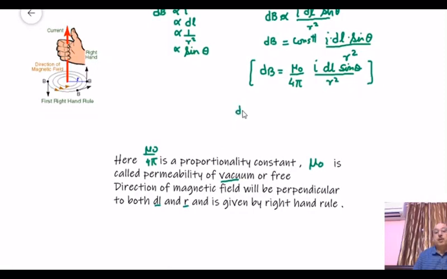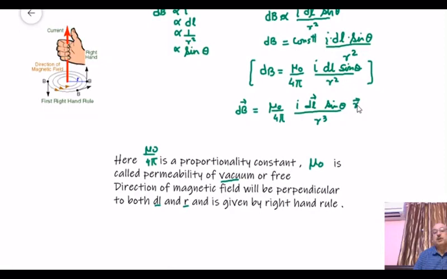In vector form, we may write dB is equal to mu naught by 4 pi, I dl sine theta r vector, as dl is also a vector, upon r cubed.